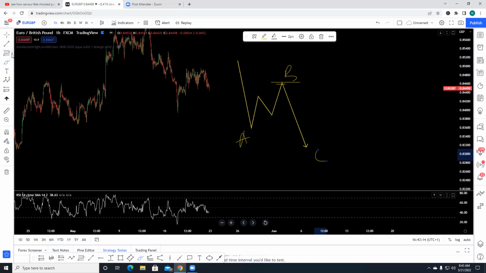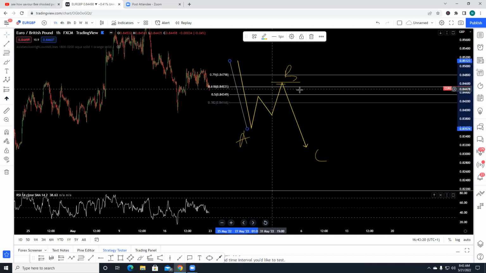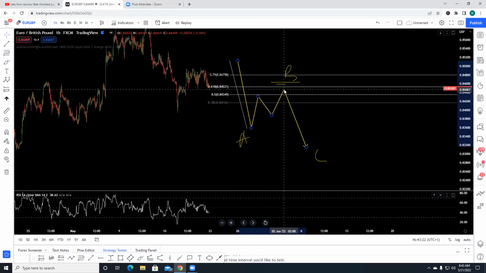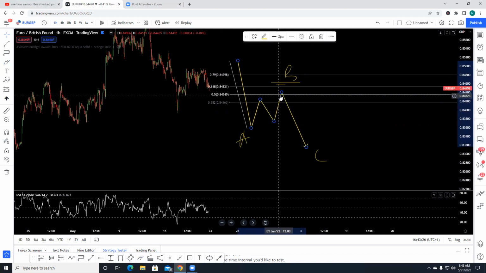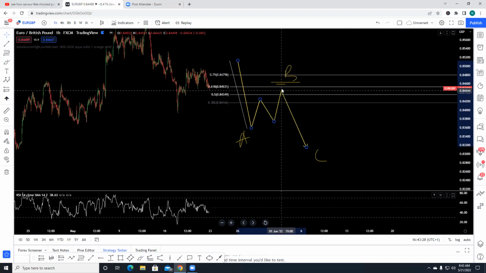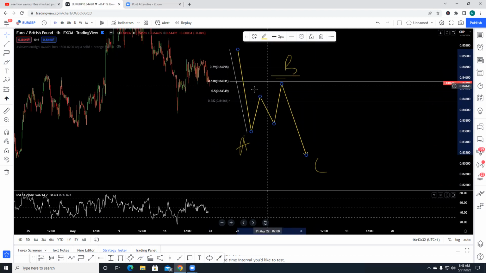Come to the fib retracement here, click this one, put it here, drop it here. Where is 50%, guys? This is 50% of wave A. This is wave B, ending here at 50%, maximum 61.8% of wave A.